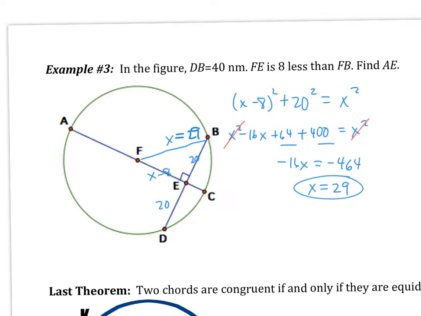Next, what's the length of AE? 42. I heard 21, 50, 42. It's 8 less than 29. Okay, so FE is 29 minus 8, which is 21.